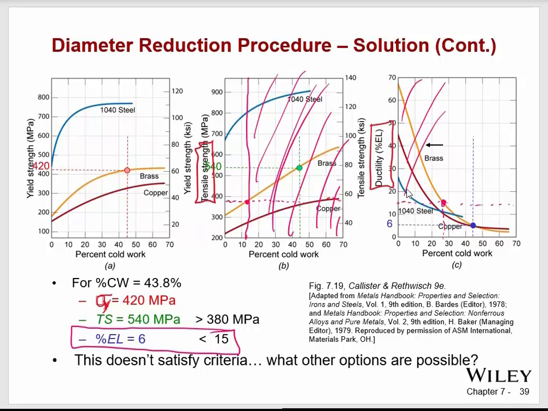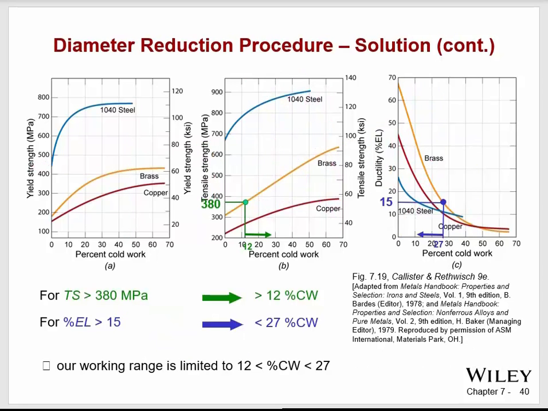Anything less than that value of cold working will provide the ductility that we need. So that puts us in a range somewhere between 12 and, or whatever this is. I think they give you some exact numbers on the next slide. So let's go ahead and use their exact numbers. Here they have 12, that's good, and 27. Okay, so 12% and 27.